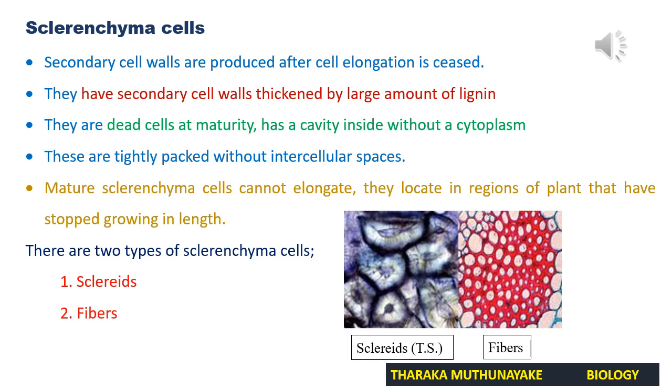But mature sclerenchyma cells have a lignified secondary cell wall. You know it's a tough layer. Therefore, they can't elongate after maturation. Therefore, they are located in regions of the plant that have stopped growing in length, because with sclerenchyma, the plant can't grow in those regions.